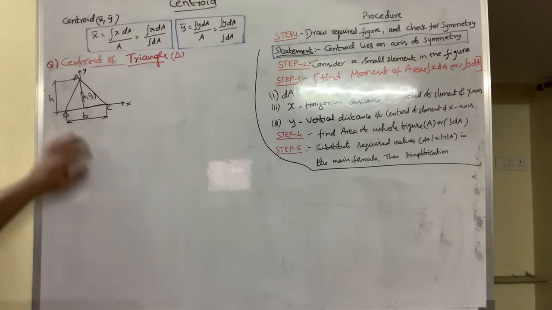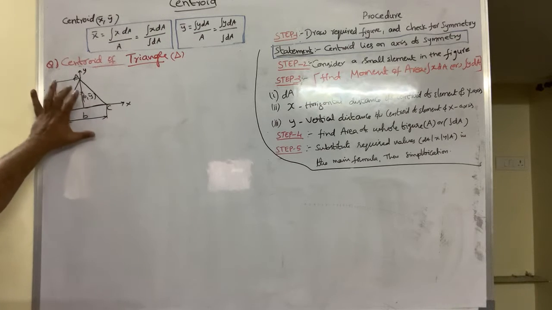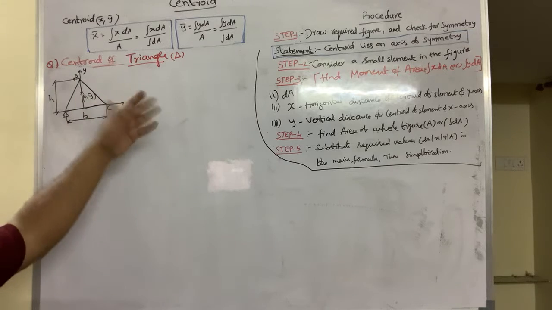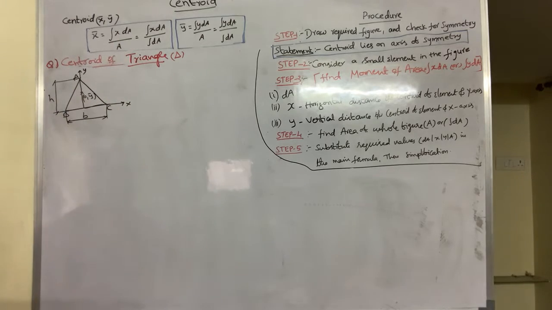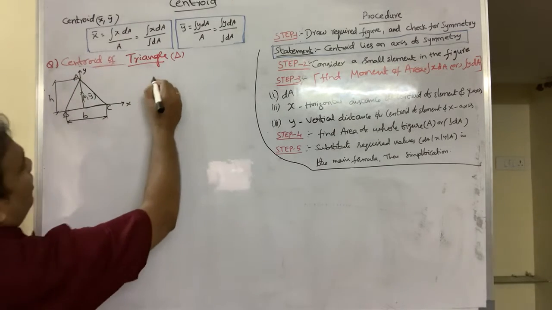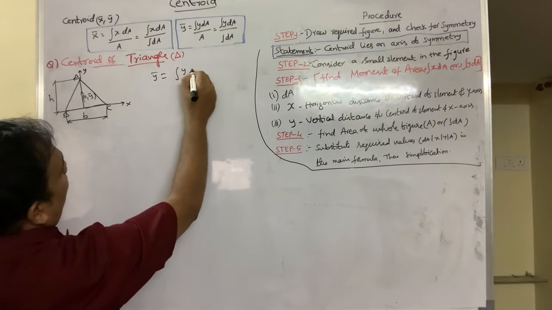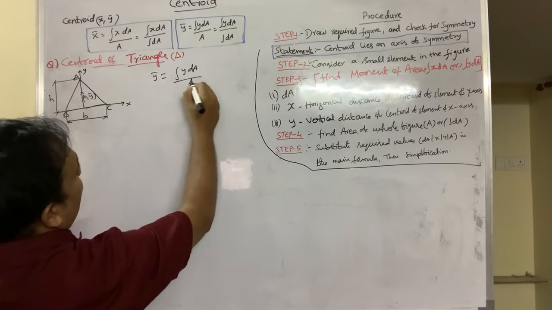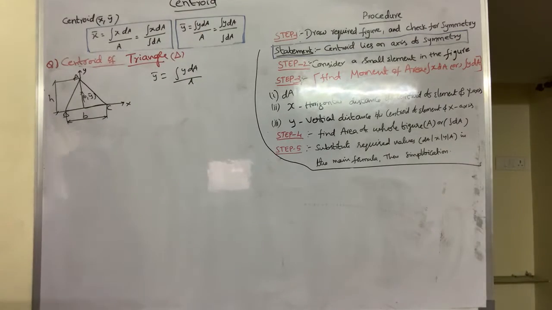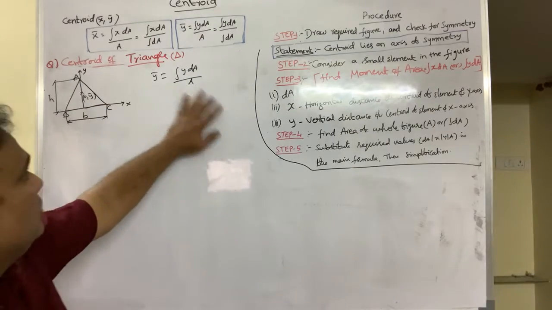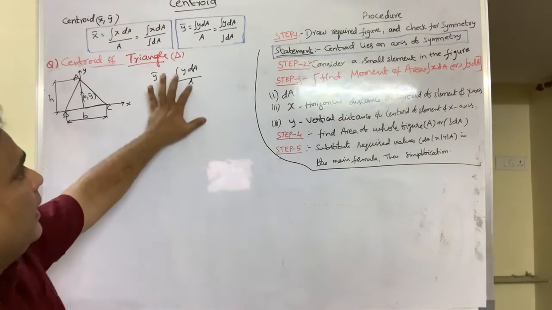Here the x bar value is 0 because the x value on the y-axis is always 0. The remaining is y bar, where y bar is equal to integration y dA by capital A. That means for calculations we need three values: y, dA and A.